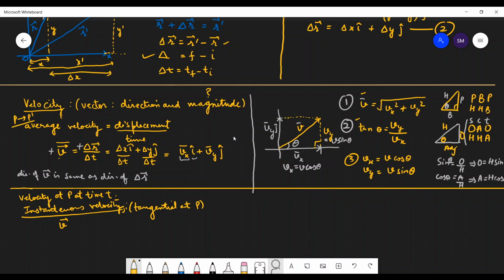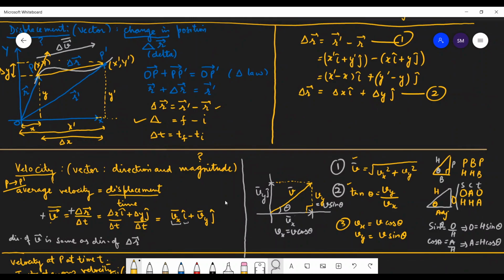What I have done is I am just limiting. Here the total time was delta t between P and P dash. We have already done this: average velocity is displacement upon time, and time was delta t from P to P dash.